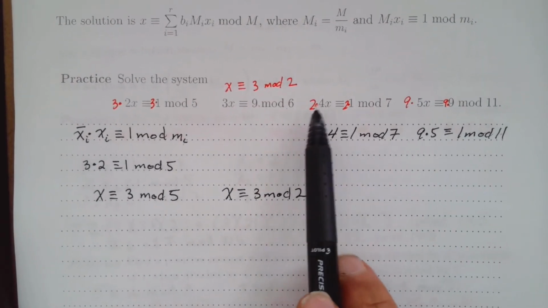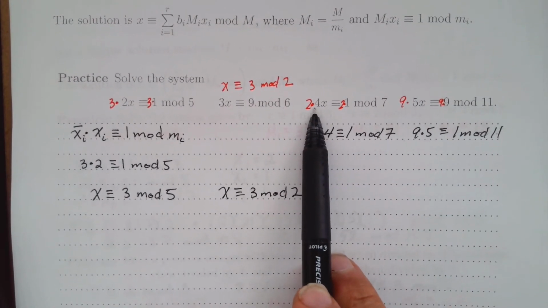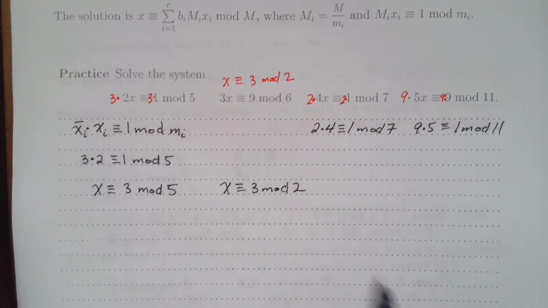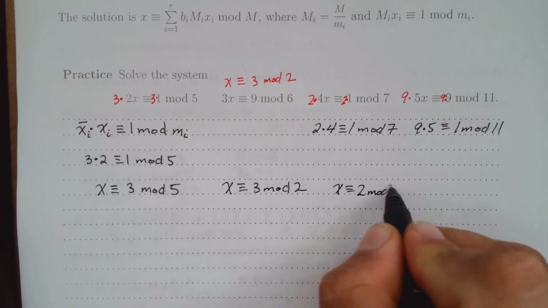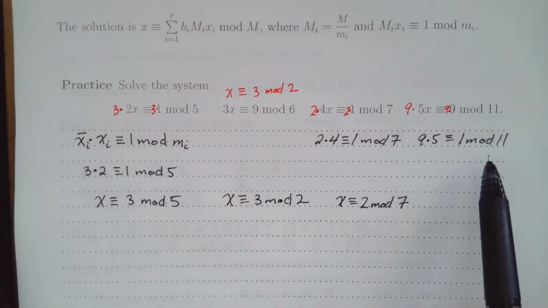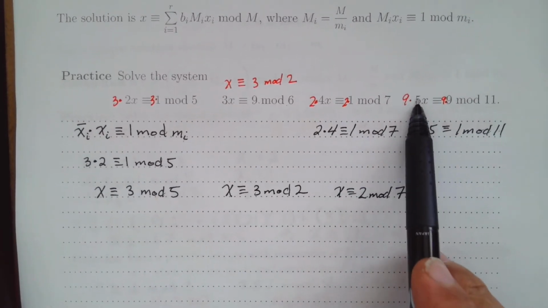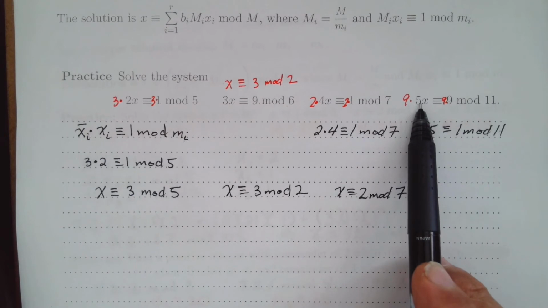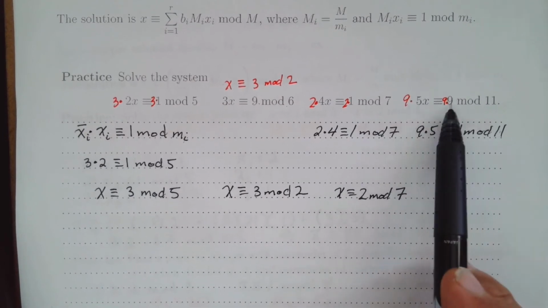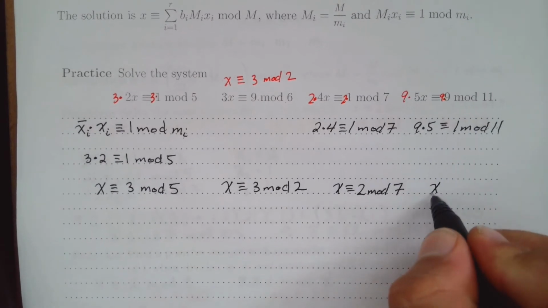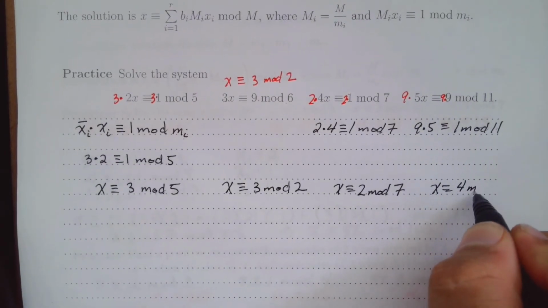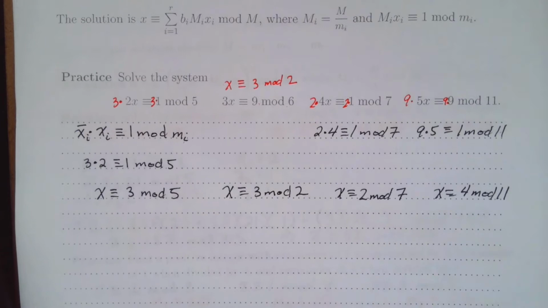And then over here, 2 times 4 is 8. 8 is 1 modulo 7, and then 2 times 1. So this is x is congruent to 2 modulo 7. And then over here, 9 times 5 is 45. That's 1 modulo 11. 9 times 9 is 81. And so on this one, I can say x is congruent to 4 modulo 11.